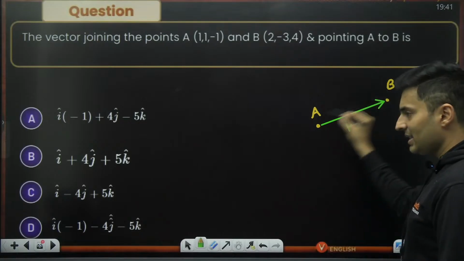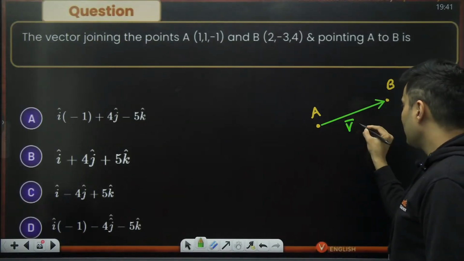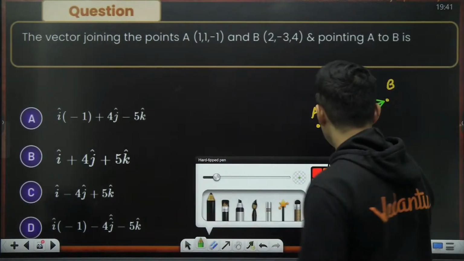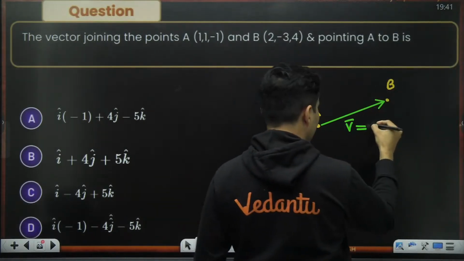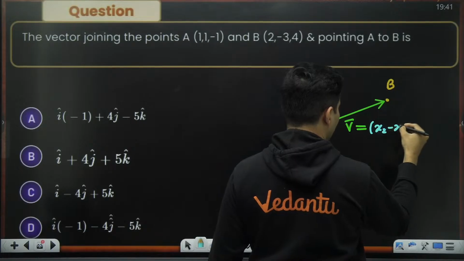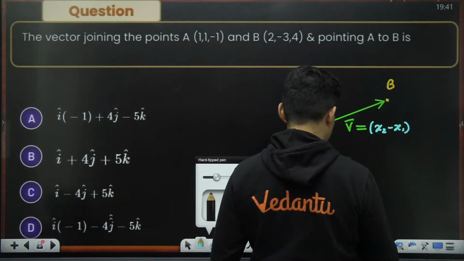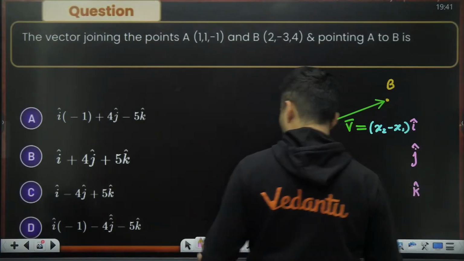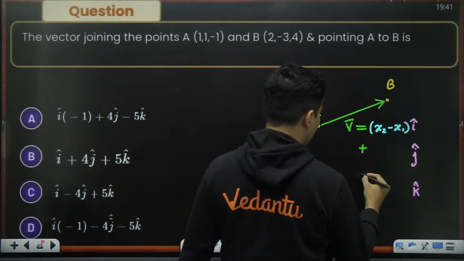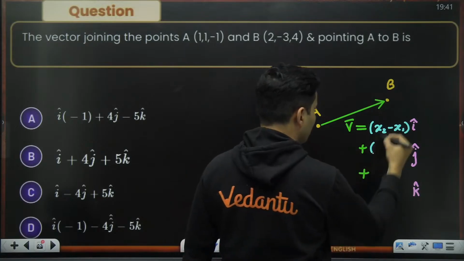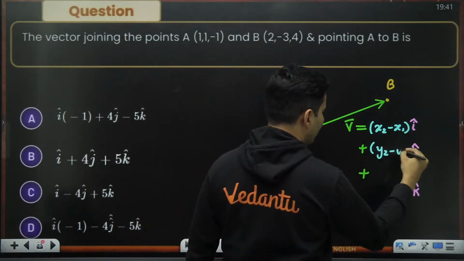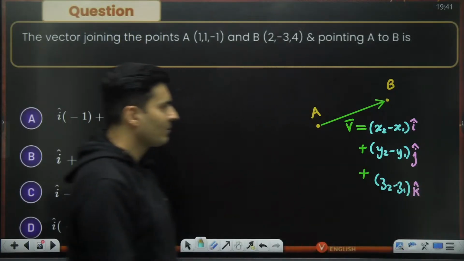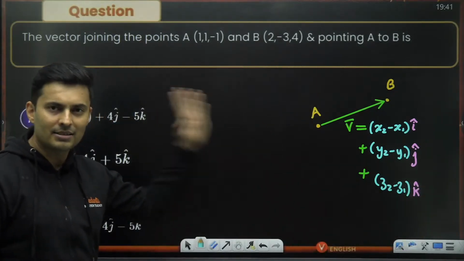So if you know the points, then this vector v will be nothing but the difference of the coordinates, x2 minus x1, that will be the i cap, similarly j cap and k cap. So that vector will be x2 minus x1 i cap, y2 minus y1 j cap, and z2 minus z1 k cap. Just the difference of the coordinates, that's it.